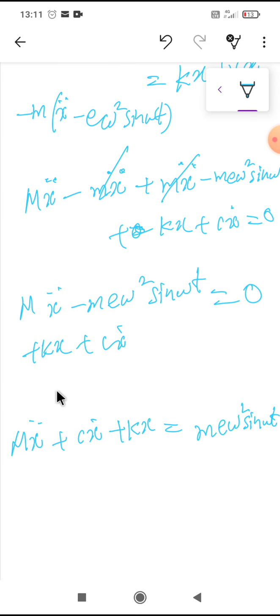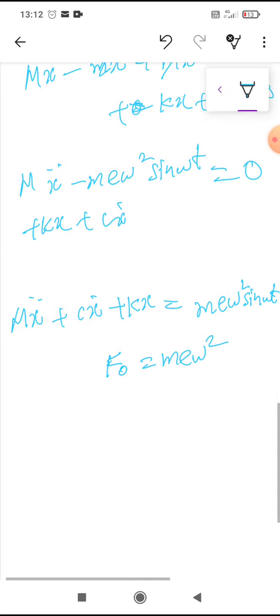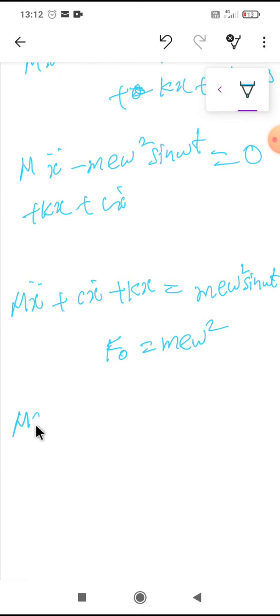Now as you can see, this equation is similar to the forced vibration spring mass damper system. If we compare this, then this constant we take as f0, that is m e omega square. So we get M x double dot plus c x dot plus kx equal to f0 sine omega t.